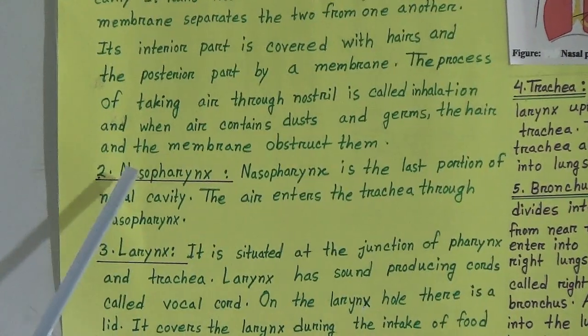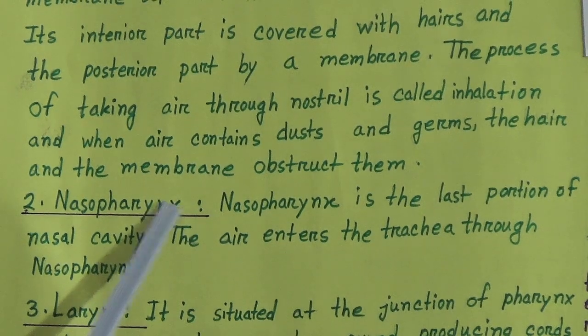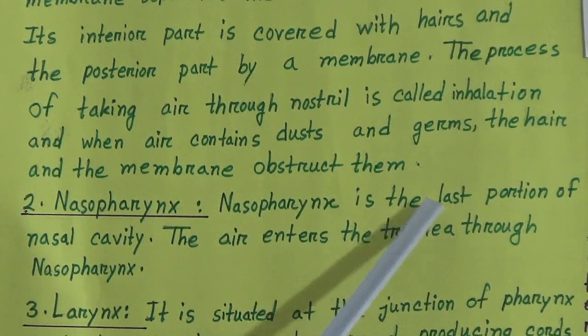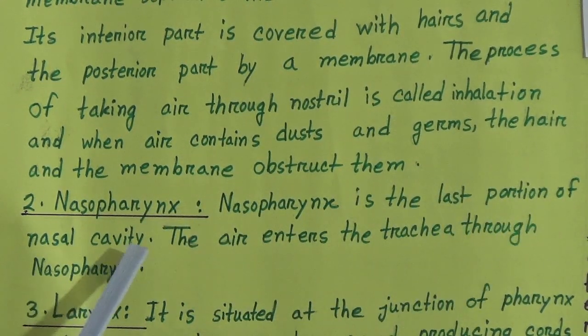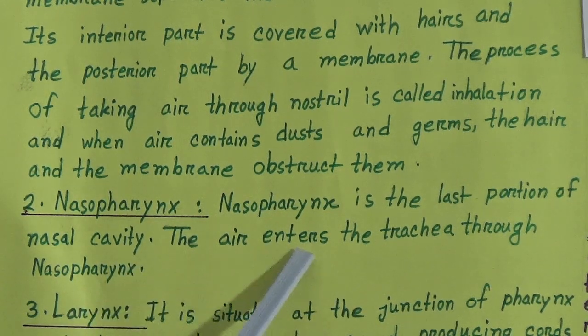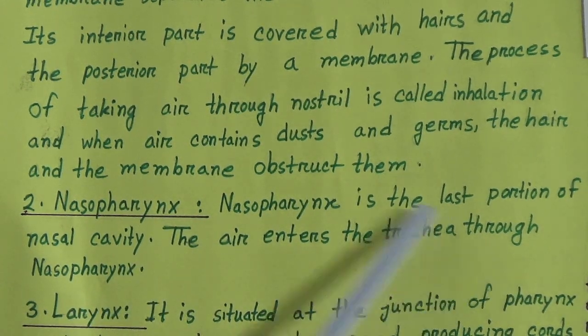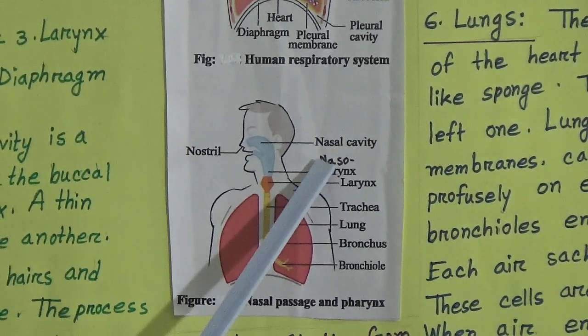The next one is nasopharynx. The nasopharynx is the last portion of the nasal cavity. The air enters the trachea through the nasopharynx. You can see the picture. This is the nasopharynx.